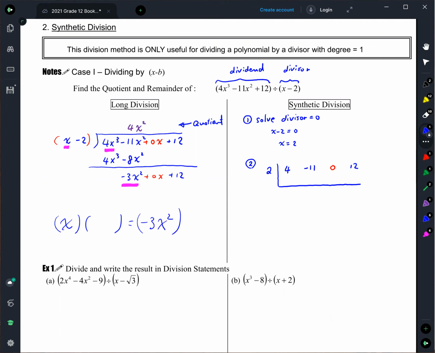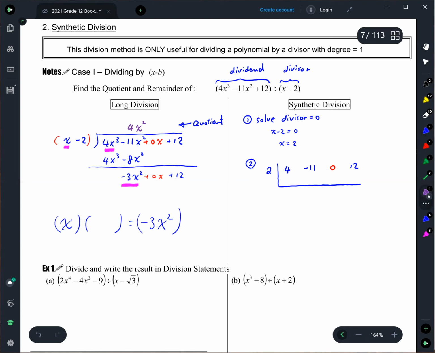Oh, negative. Wait, let me think. -3x. Yes, okay, so I underline with the pink color, right? The first term with the first term. The divisor, you compare with the inside. So we need -3x.